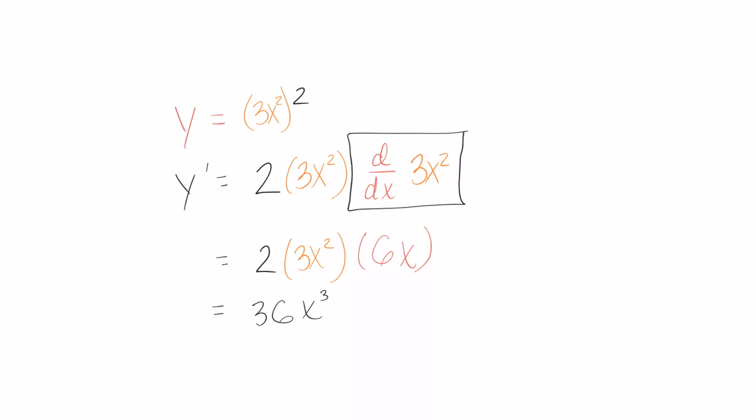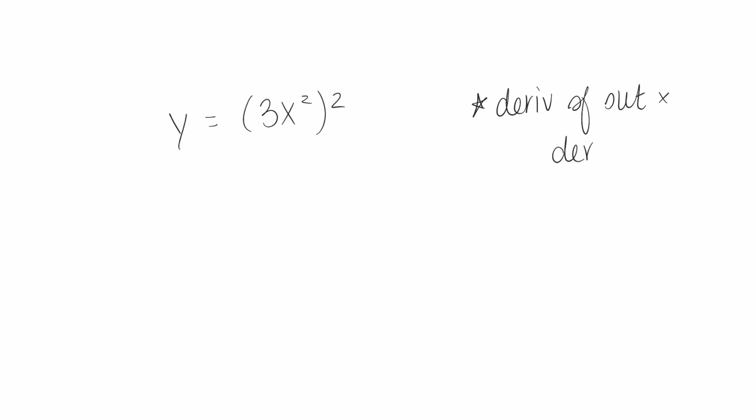Okay. Let me explain that a different way. Let's take y equals 3x squared, squared. If we want to find the derivative using the chain rule, what we say to ourselves is the derivative of the outside times the derivative of the inside.